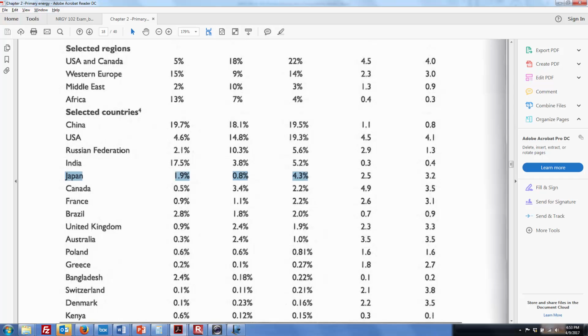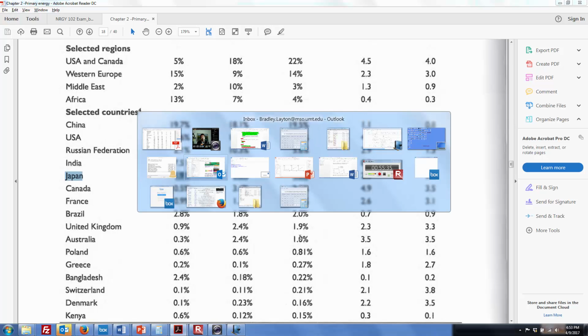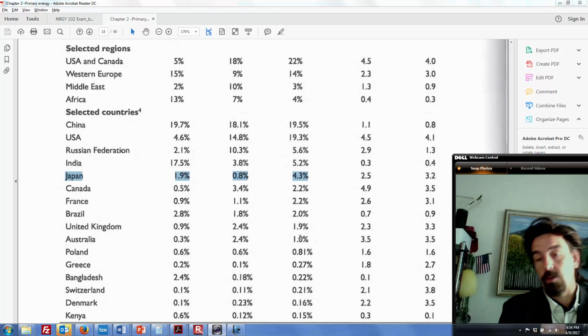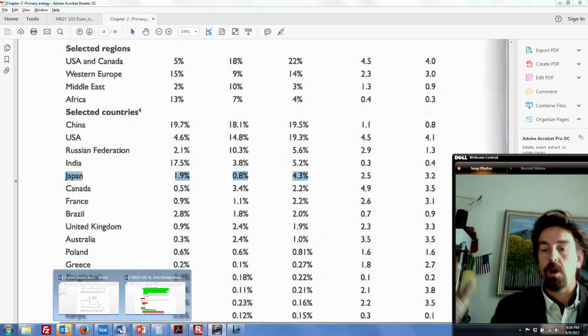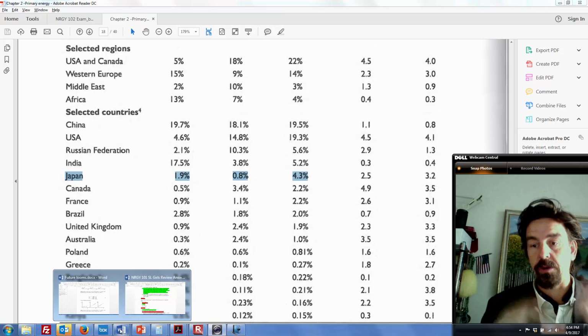You can see Canada produces more than it consumes. The UK, wow, produces more than it consumes. Australia produces more than it consumes. So Japan has the worst. More energy comes into Japan on a ratio than they export.